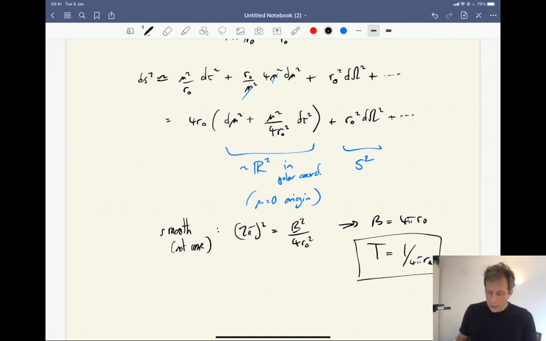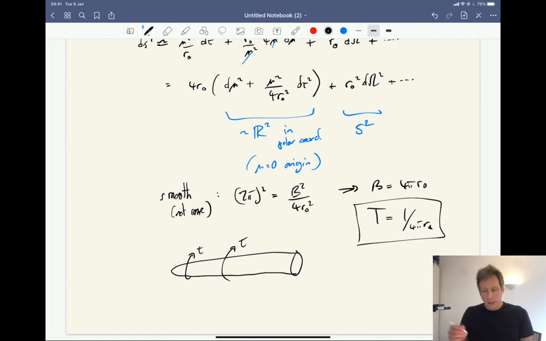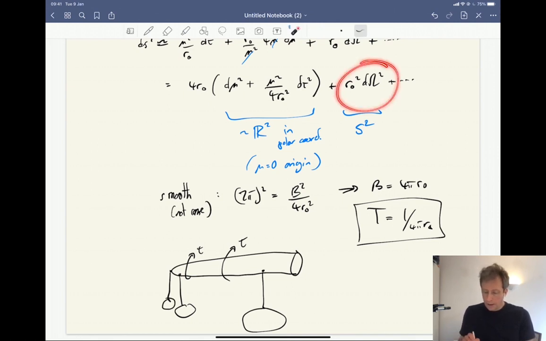And pictorially, we can think of the black hole as looking like this. In Euclidean, tau sort of generates a rotational isometry, and at every point here, we've got a 2-sphere, including at the horizon. So this is the 2-sphere here of the geometry.